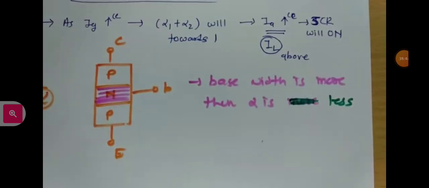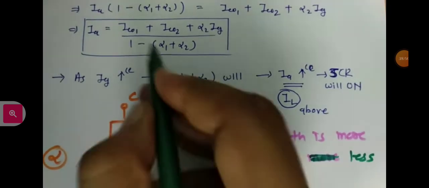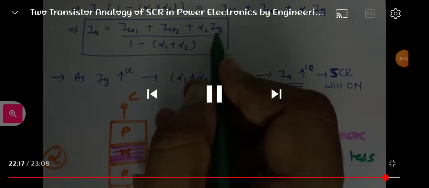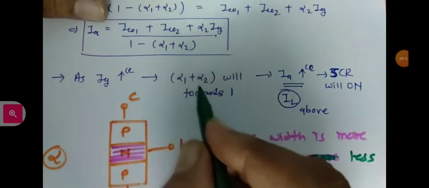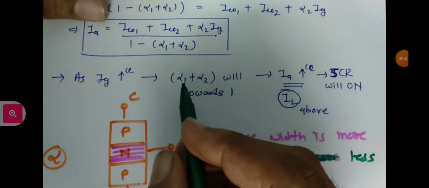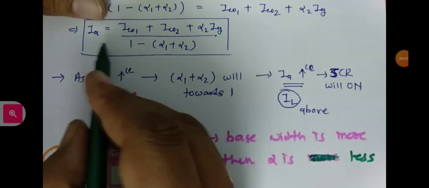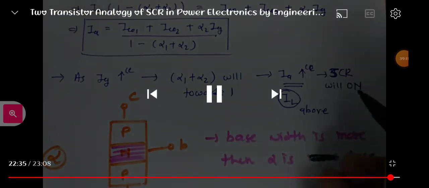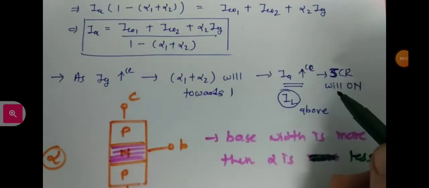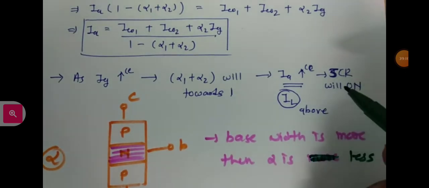So as we increase IG, junction width increases, resulting in an increase in alpha 1 and alpha 2, and once the sum goes towards 1, IA current will increase and trigger the SCR. This is the basic methodology of the two transistor analogy, and that is how one can understand how the SCR functions.